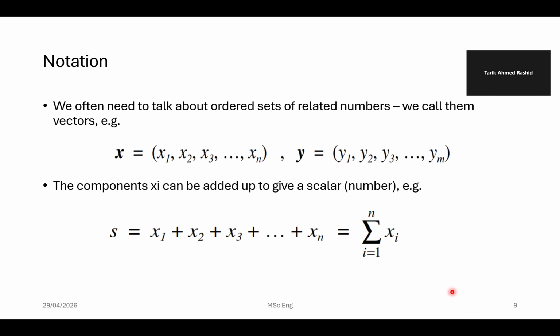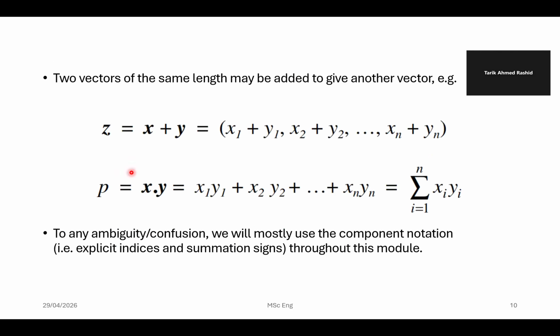And here is some notation: X vector, which has X1, X2, X3, and Y vector likewise. The sum of X gives you sigma Xi, i from 1 to N. If we sum the X vector with the Y vector, that's how we do it. And if we dot them, X multiplied by Y, that's how we get it.